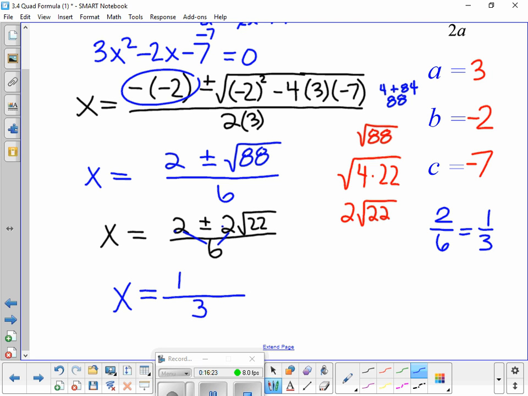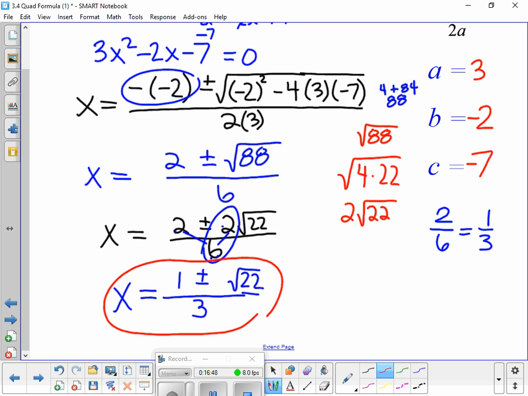And in the second position, we also have a 2 over 6, and that also reduces to a 1 over 3. So we have 1 plus or minus 1 root 22, and that's all over 3. Or you could really write it without this 1 in front of the radical. So 1 plus or minus root 22 over 3 would probably be the most proper way to write that.